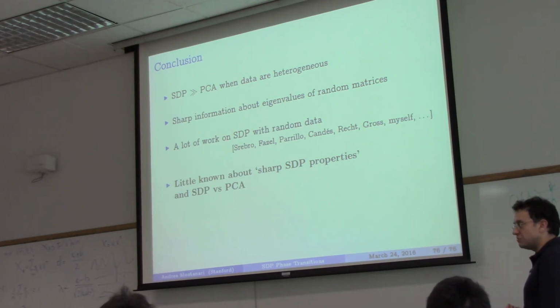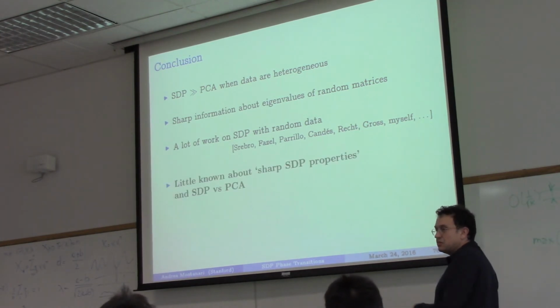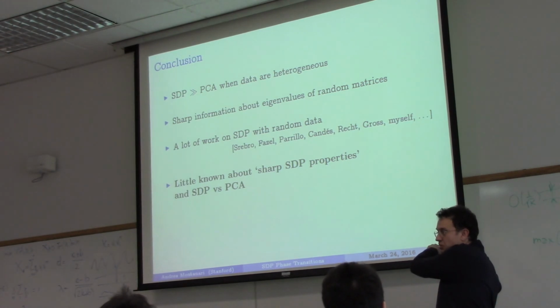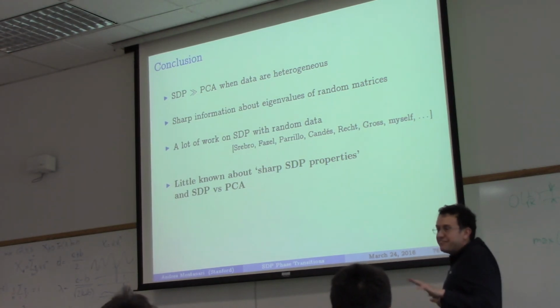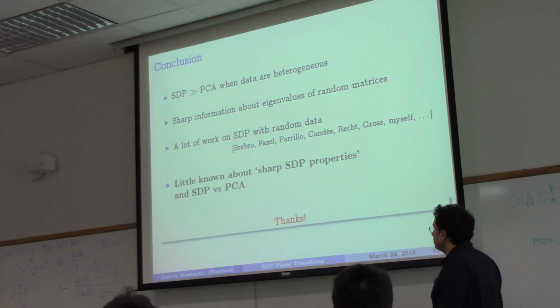The SDP value with random matrices, for instance, even with this spiked model, lambda over n xx transpose plus Gaussian, we know everything about the eigenvalues of this. We don't know the SDP value. We know only the simple bounds that are proved. We don't know the value. Yeah? That's all.